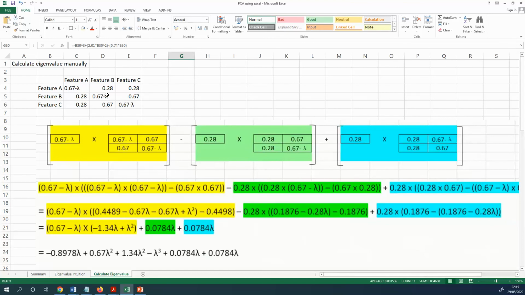Covariance minus the eigenvalue, covariance minus the eigenvalue. So the question is, what is the value of the eigenvalue here, here, and here? We need to identify the three eigenvalues for the 3 times 3 matrix. This is the process on how to do that.